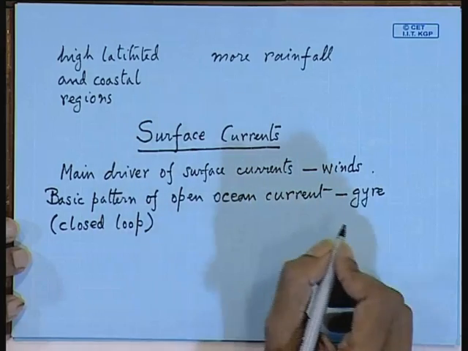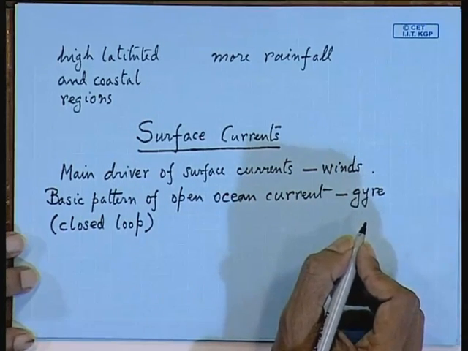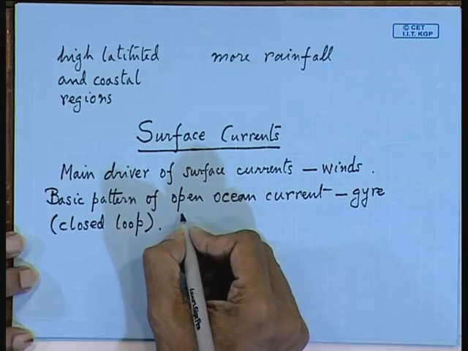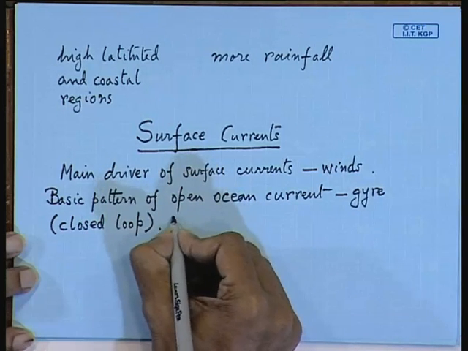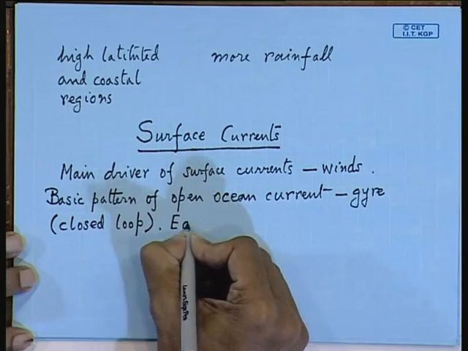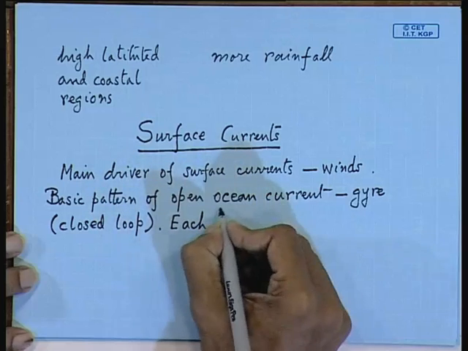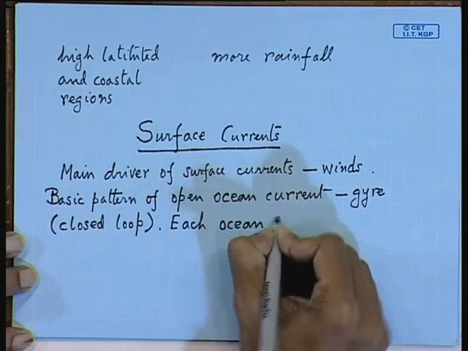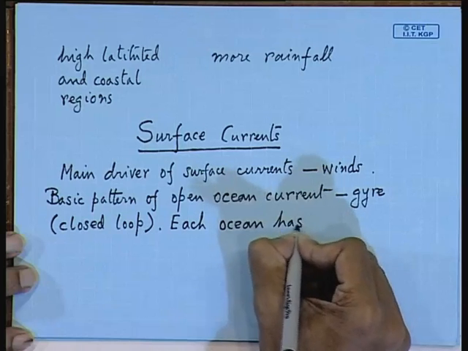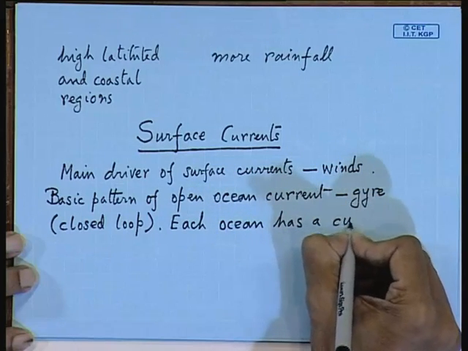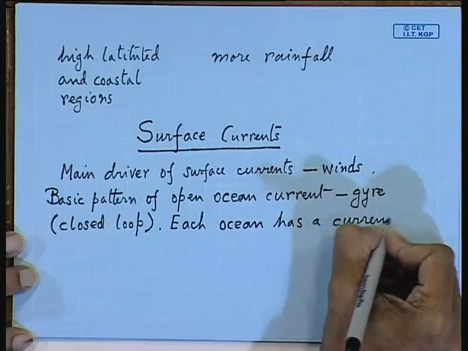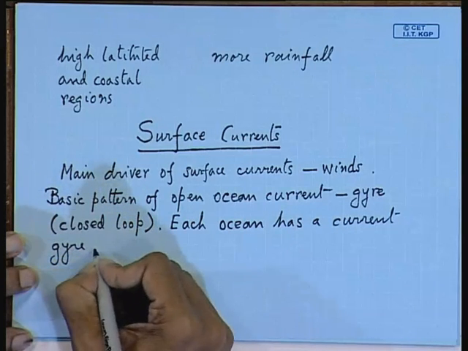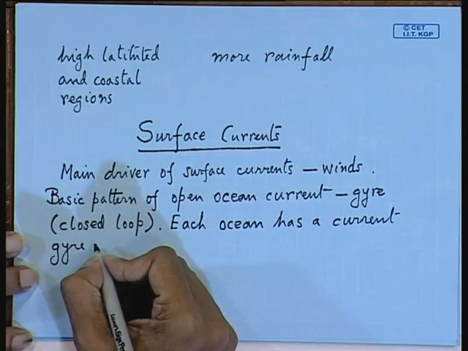This is called a current gyre. So, each ocean has a current gyre.